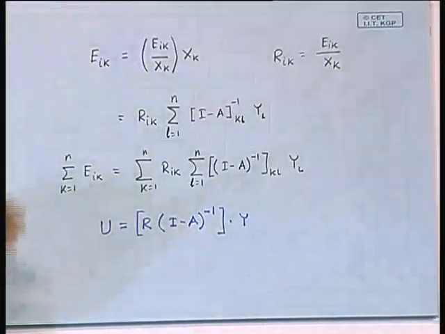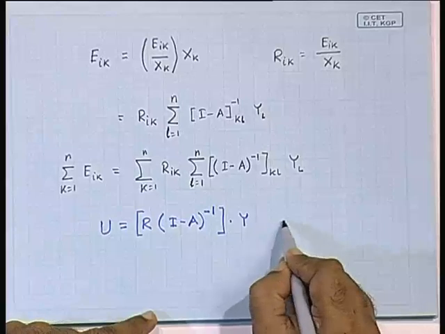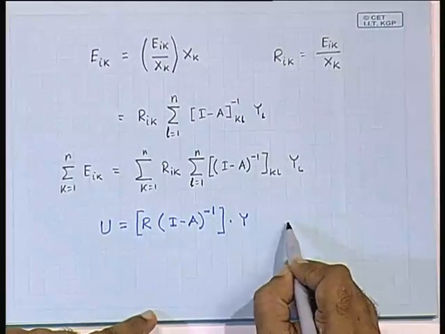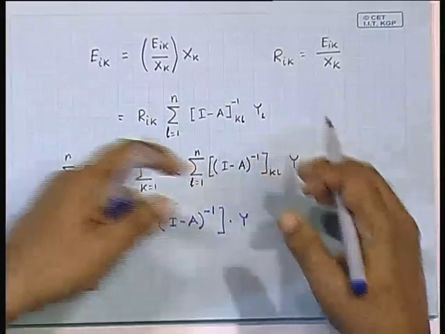Now you see, if we have plus something, and if you can express that as something times y, then we can club that together and make it as something times y. So, what is it that needs to be multiplied with the y vector to extract the information about the direct use of energy?